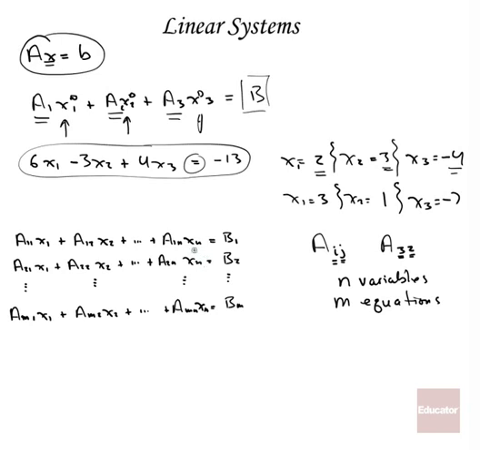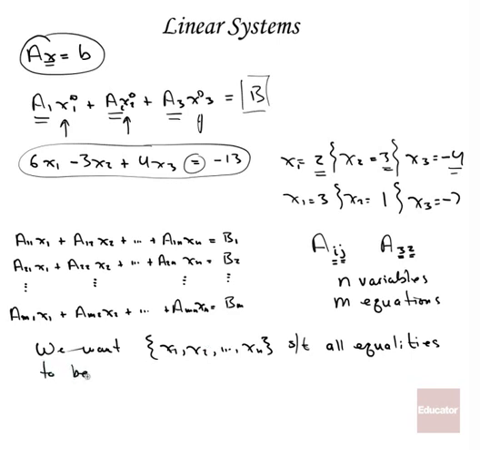What this means when we're looking for a solution to a system of linear equations, as opposed to just one linear equation, is we want a set of x1, x2, all the way to xn, such that all of these equalities are satisfied simultaneously.